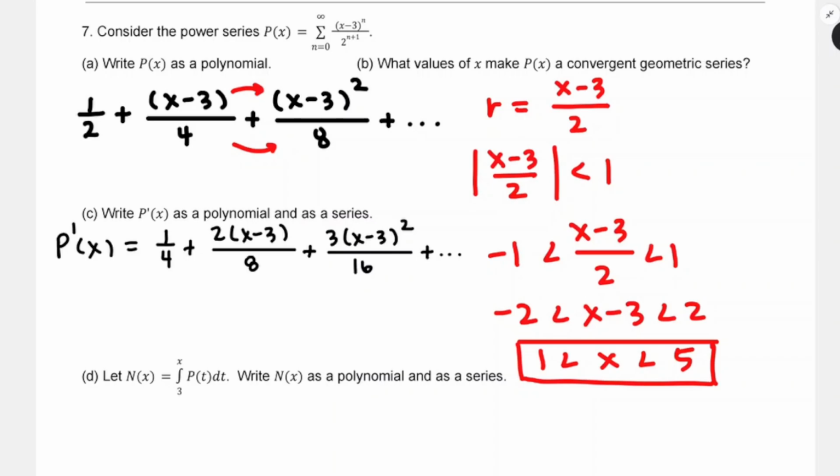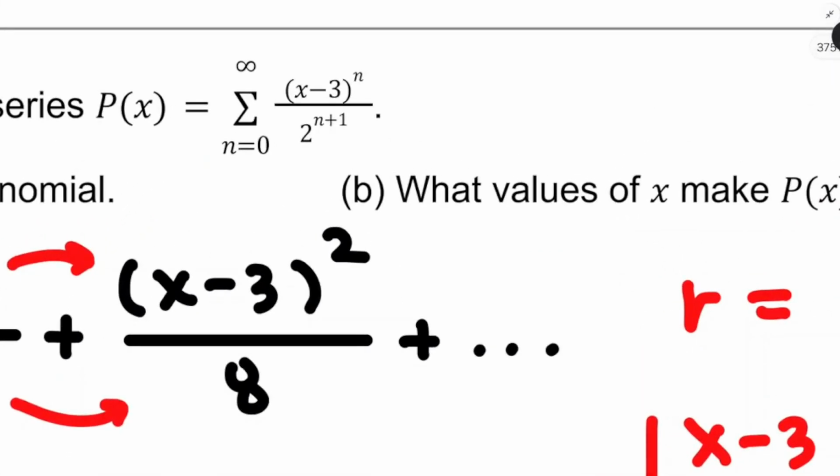Okay, and if I wanted to write it as a series, I would say p prime of x is going to equal the sum, as n runs from, we'll figure out the indexing at the end. Now you might want to try to write a formula in terms of n, and that's great if you want to, but you could just take the derivative of this expression with respect to x.